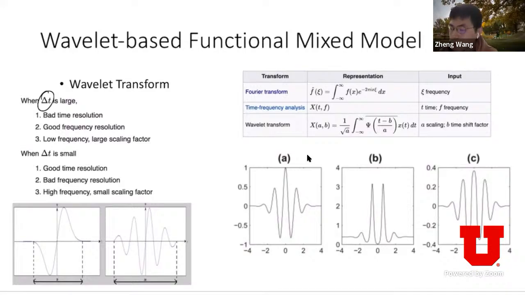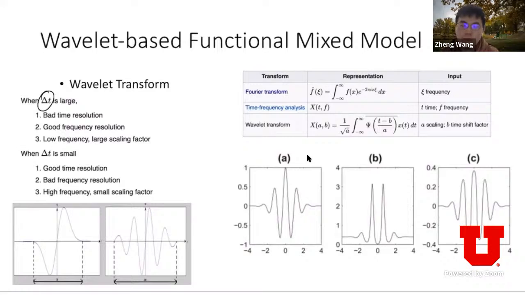So given all kinds of a and all kinds of b, you want to decompose it as a mixture of these wavelets. Given a mother wavelet, you can expand or squeeze the mother wavelet and put it in different locations and do the convolution operations with the original signals.